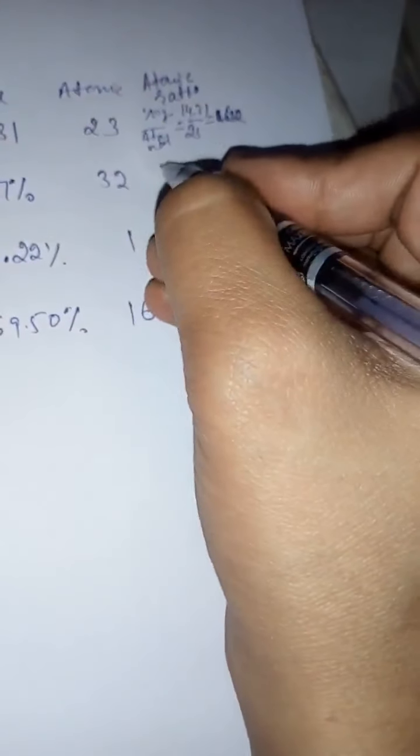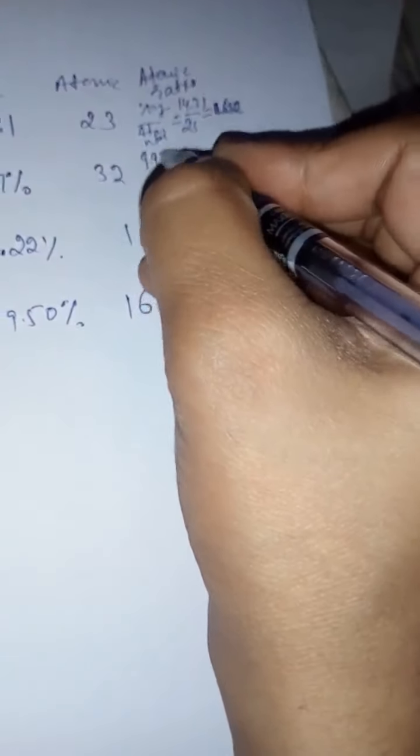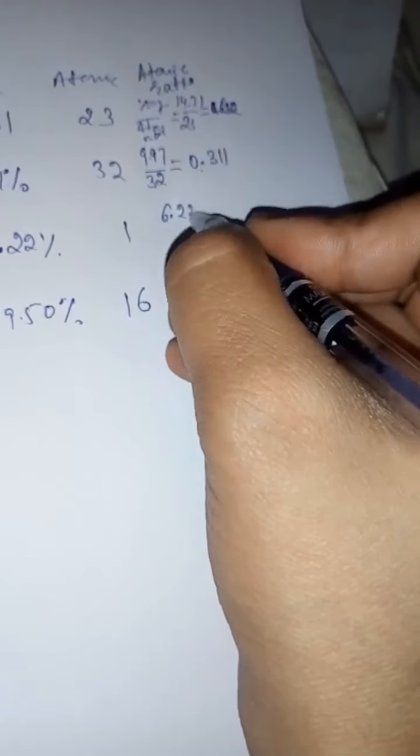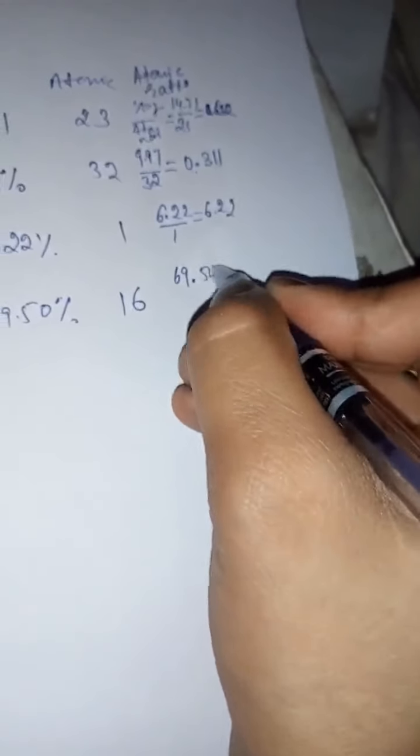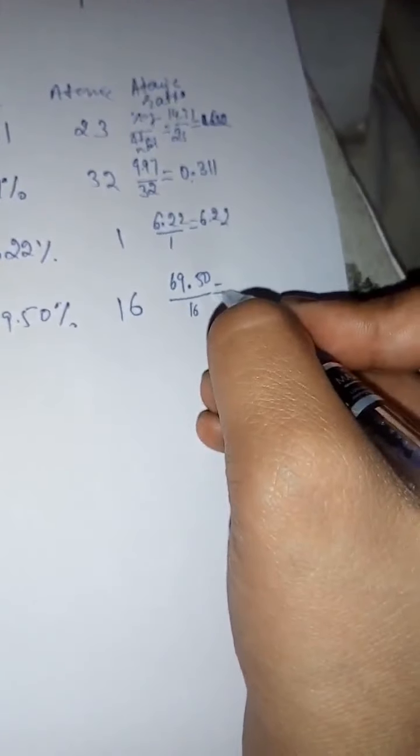Similarly, 9.97 divided by 32 will give 0.311. 6.22 divided by 1 is equal to 6.22. 69.50 divided by 16 will give 4.34.